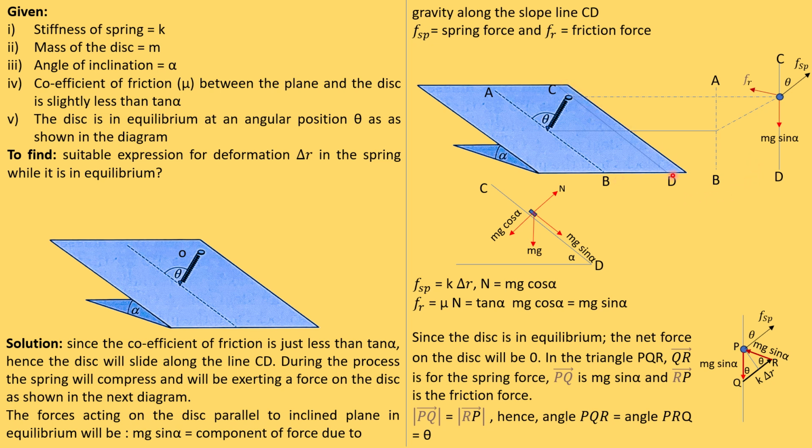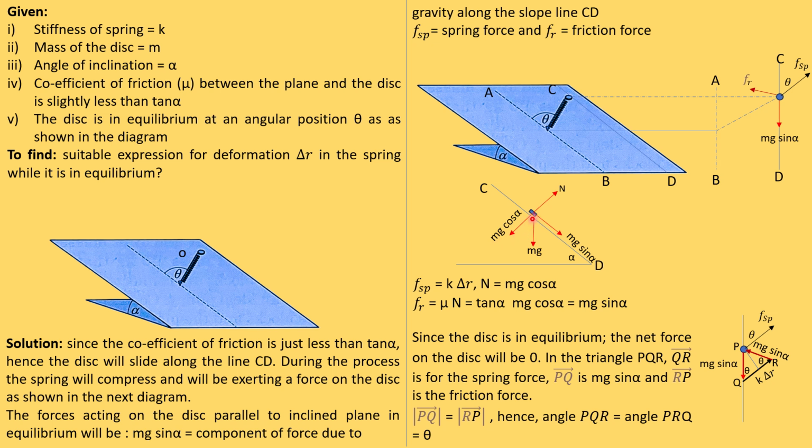If we make this diagram like this, the force of gravity acting here we can divide into two components. One is along the slope, CD. The other is perpendicular to the slope, that is mg cos alpha.